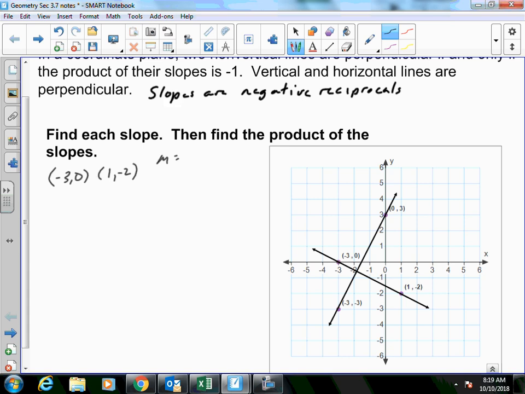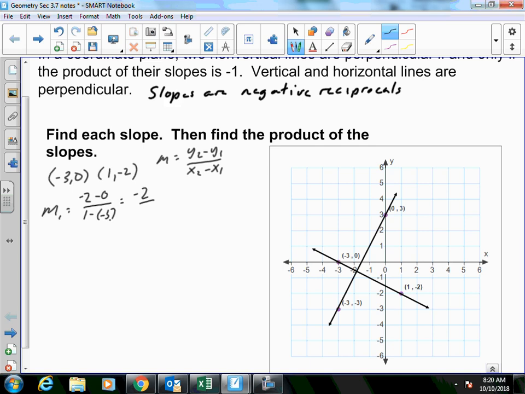I'm going to use the slope formula just like we did yesterday, y2 minus y1 over x2 minus x1. So our slope of the first line is going to be -2 minus 0 over 1 minus -3.